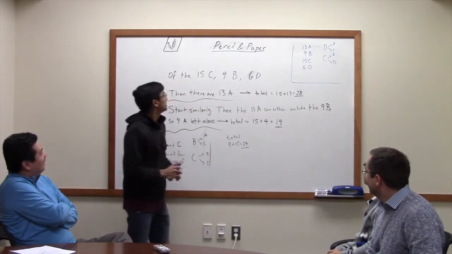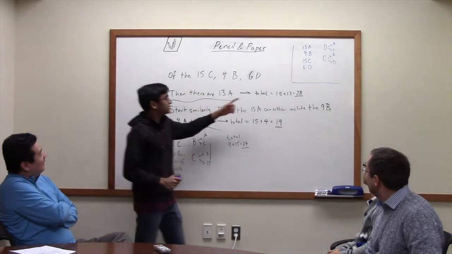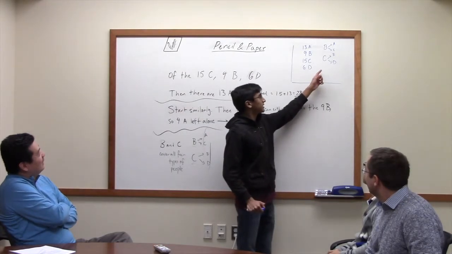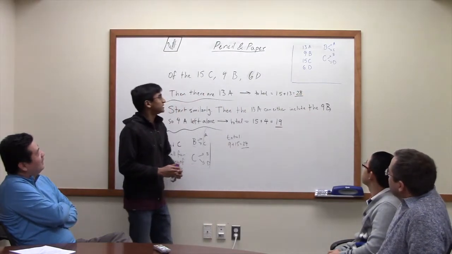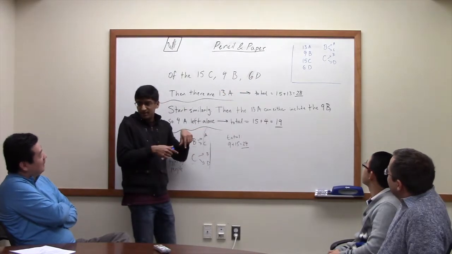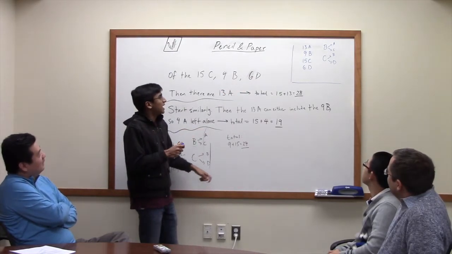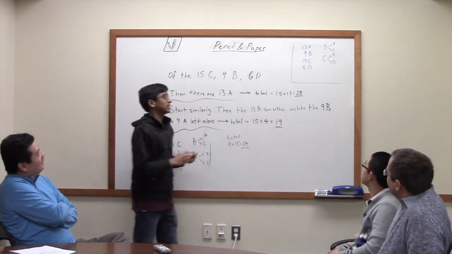so we have the 15 people who like cantaloupes. Since everybody who likes cantaloupes either likes blueberries or likes dates, and there are 6 dates and 9 blueberries, and 6 plus 9 is 15, everybody who likes dates has to like cantaloupes, and everybody who likes blueberries has to like cantaloupes.